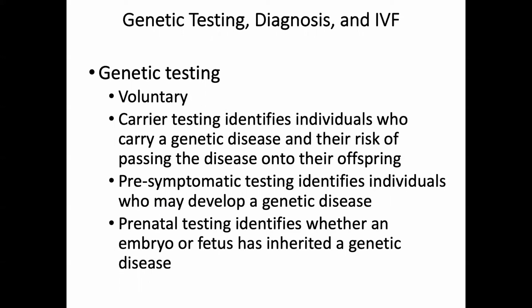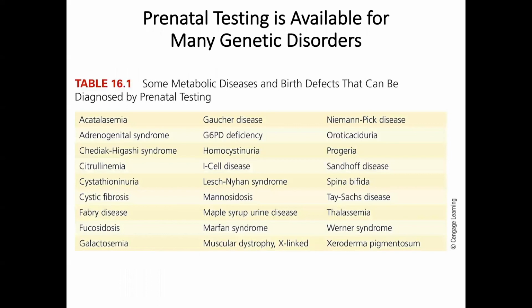The test can also be done at a prenatal stage, meaning it can identify whether an embryo or fetus has inherited a genetic disease or not. Our textbook lists some metabolic diseases and birth defects that can be diagnosed by prenatal testing. We will go through many of them in detail in the future.